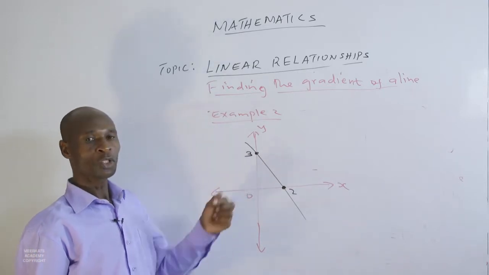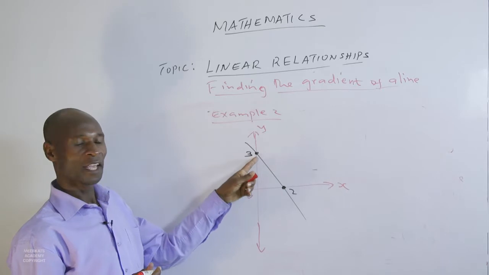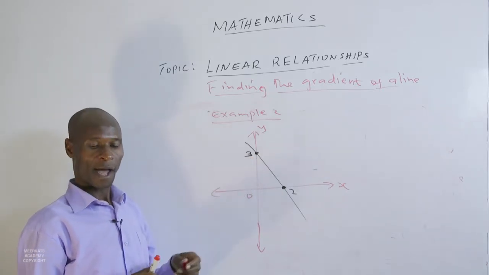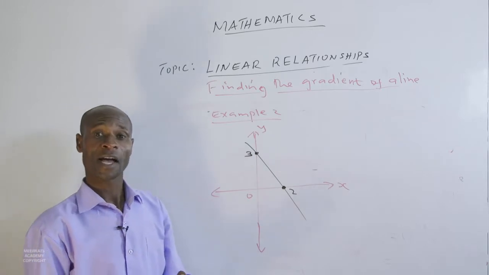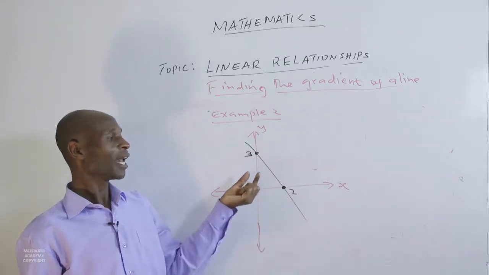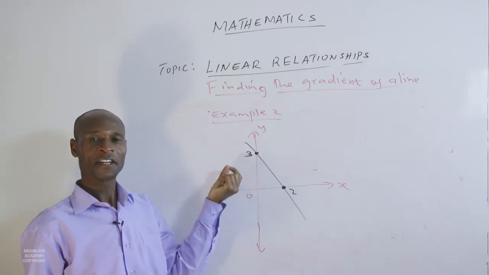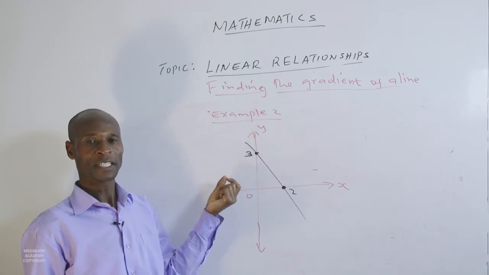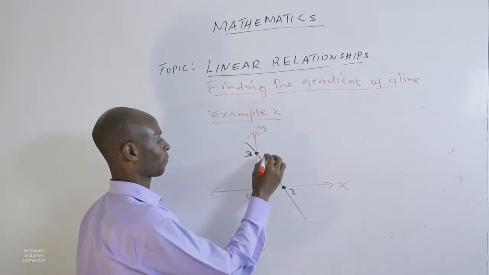In our example 2, we have a graph which is cutting the y-axis at 3 and cutting the x-axis at 2. So the first step in calculating the gradient is identification of the points. Identify 2 points that lie on the line.